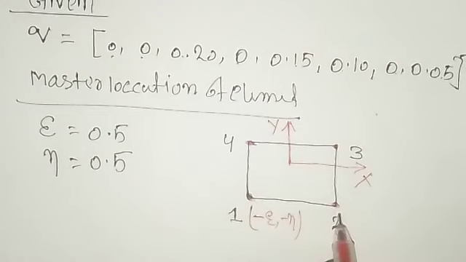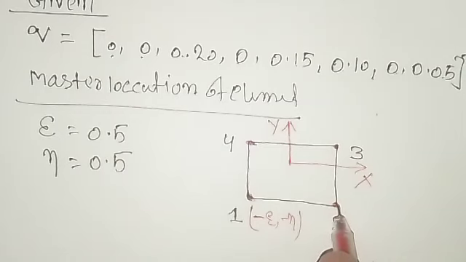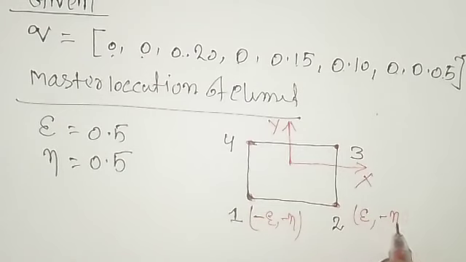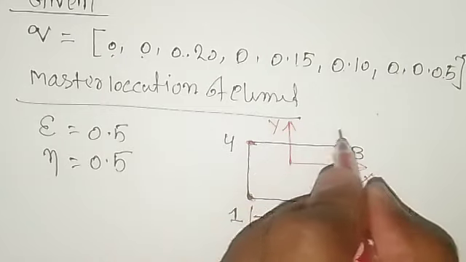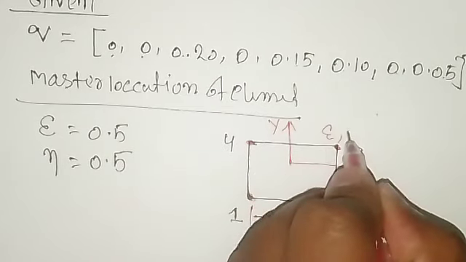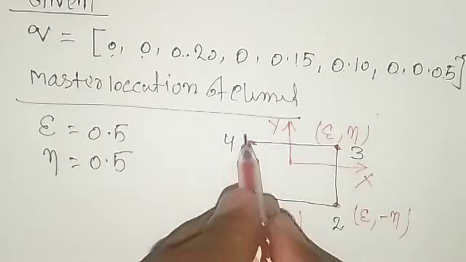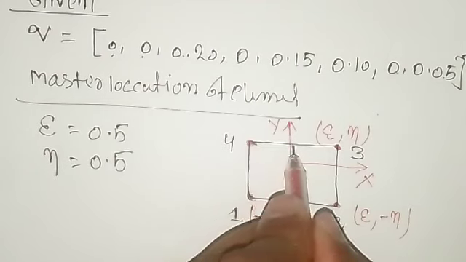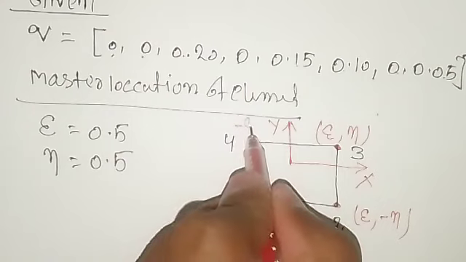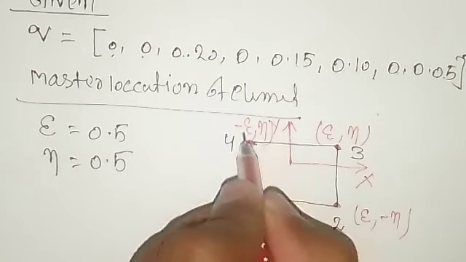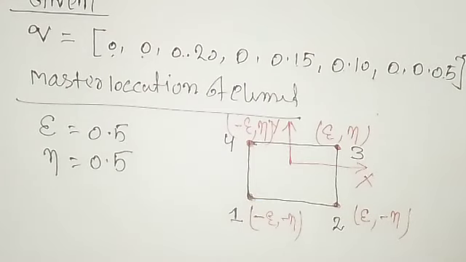In the fourth quadrant, x is positive and y is negative, so it is plus psi and minus neta. Node 3 is in the first quadrant, both positive, that is plus psi and plus neta. Node 4 is lying in the second quadrant, where x is negative and y is positive, so minus psi and plus neta, right? So these are the values we got.